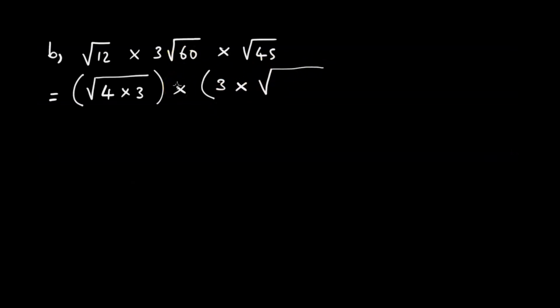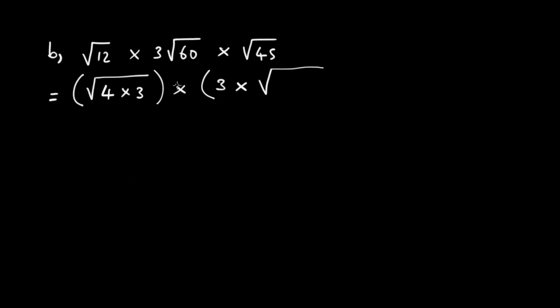What about 60? Can we think about a perfect square which multiplies another number to give us 60? We have to think a little hard here. Does 9 go into 60?